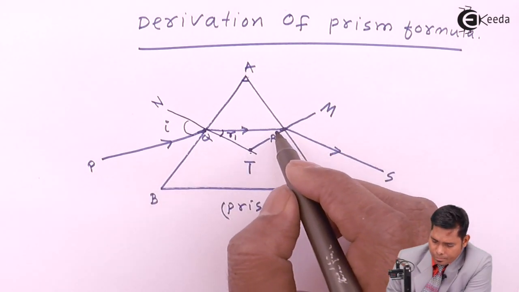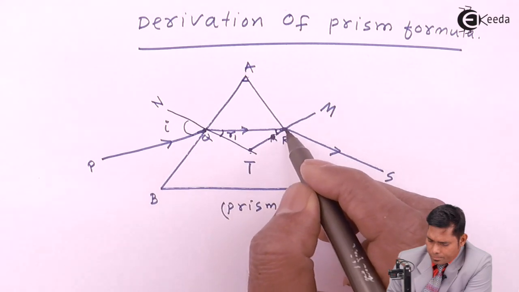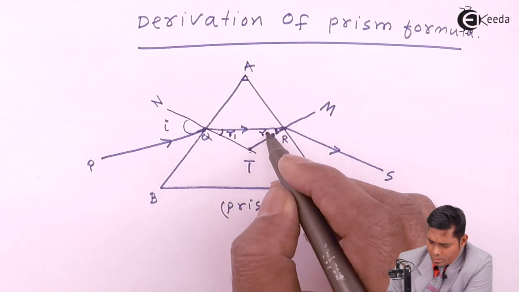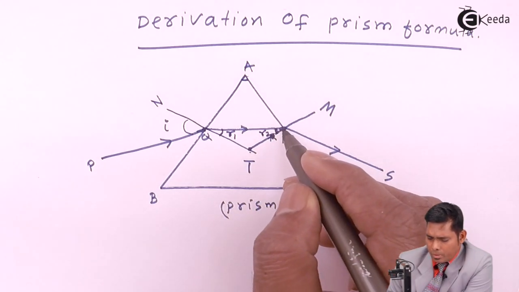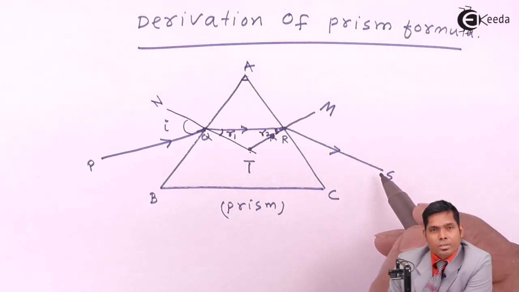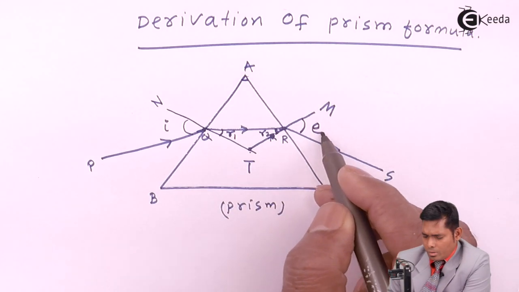Similarly, this angle is R2, the angle between the ray and the normal. Finally, it comes out. This is the emergent ray, and it makes an angle of say E.